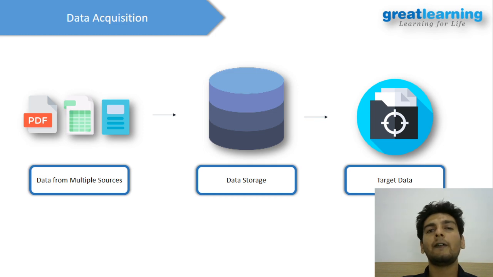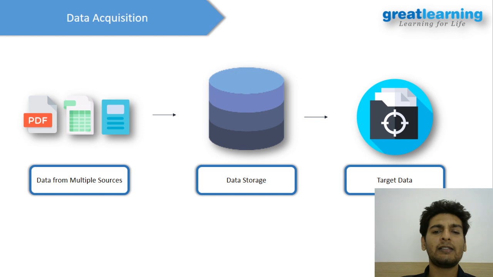I've told you the first step is the data acquisition process. Now, we know that data comes from multiple sources and is present in multiple formats. So what we do is we gather or collect or acquire all of this data which is coming from multiple sources and is present in multiple formats, and we integrate them and store them at a single place.